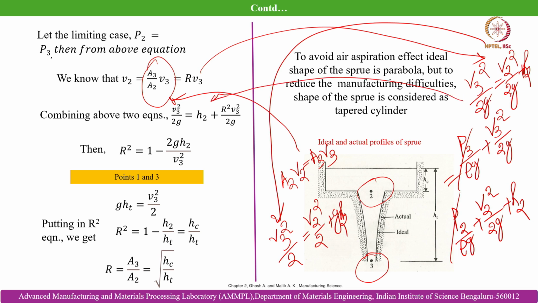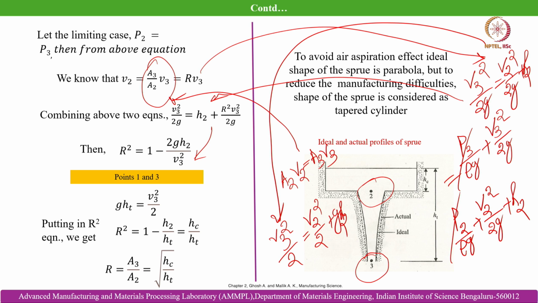That means V3 square by 2g is equal to R square V3 square by 2g plus H2. From here we get R square is equal to 1 minus 2g H2 by V3 square.